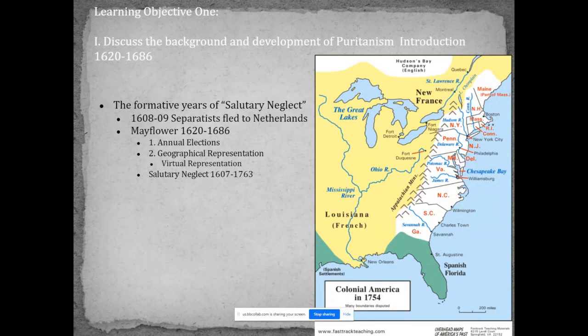Was it when they threw the tea out of the ship or something like that? Yeah. Boston Tea Party. Excellent. Right. And where did that happen? Just to reiterate. I'm guessing Boston. Boston, Massachusetts.